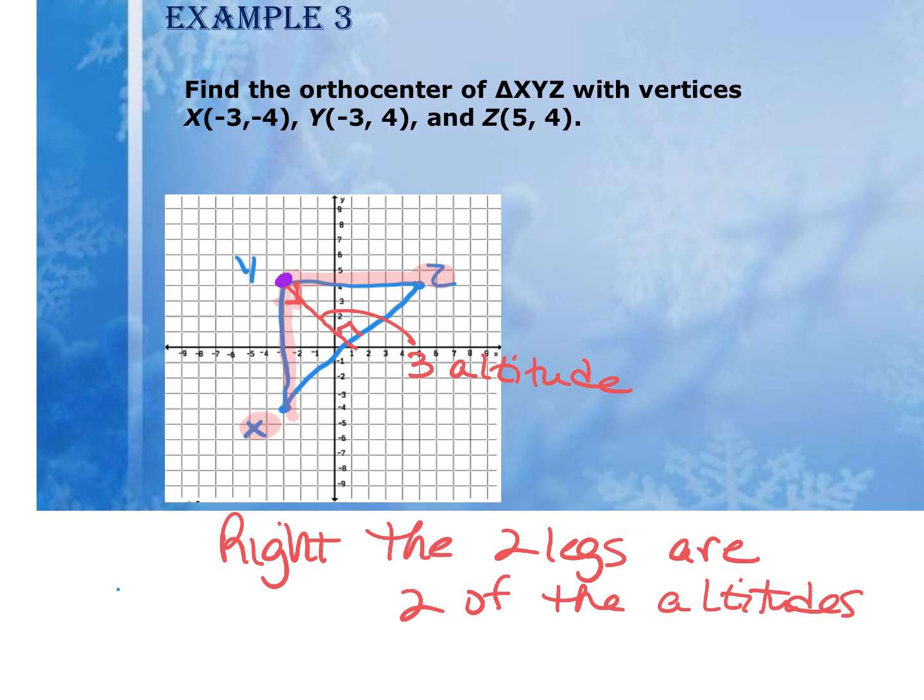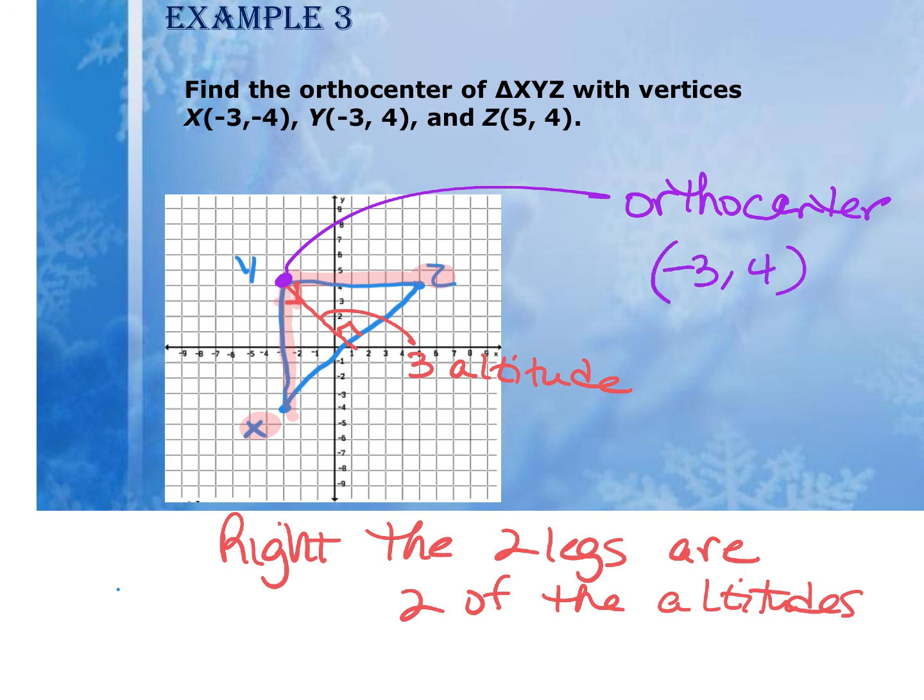So your orthocenter, when it's a right triangle, is always going to be the location of the right angle. So this is my orthocenter, and it's the ordered pair -3, +4.